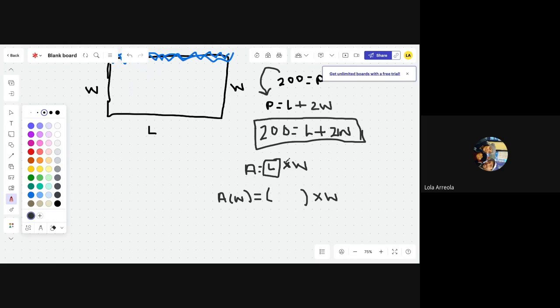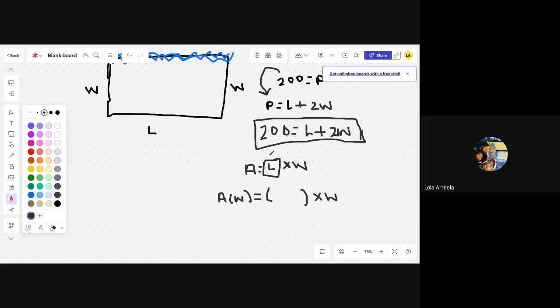We don't want two separate variables, or two separate letters, within one function. It makes it messy. So it's best to have the same variable for the entire function, aka only have a bunch of W's in the equation.